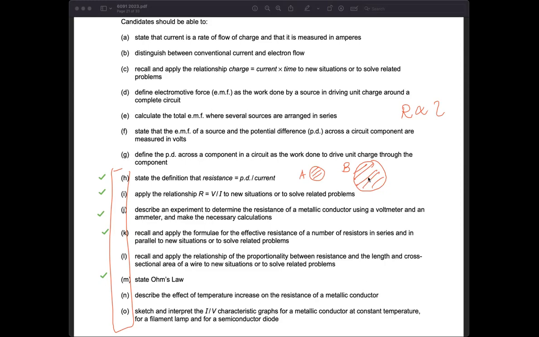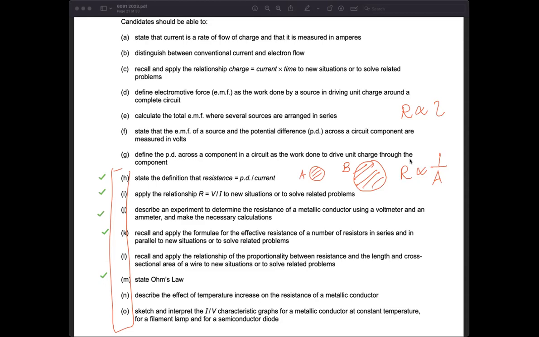So are you convinced also that resistance is proportional to 1 over area? The bigger the area, the lower the resistance. The smaller the area, the greater the resistance. Do you all agree with this?